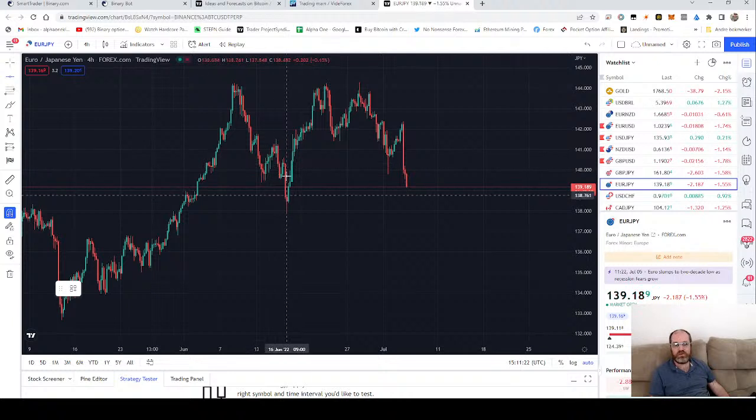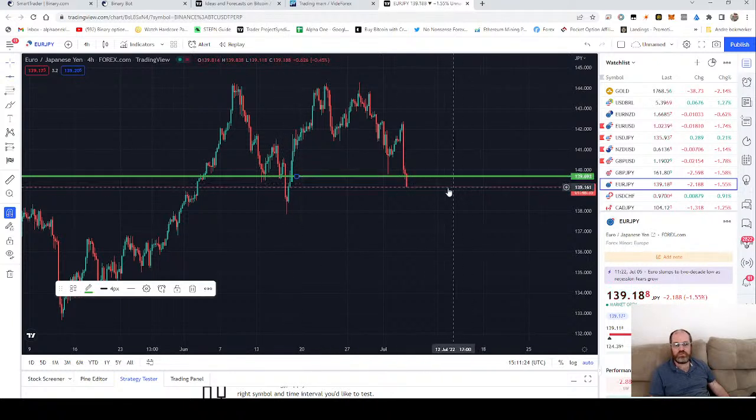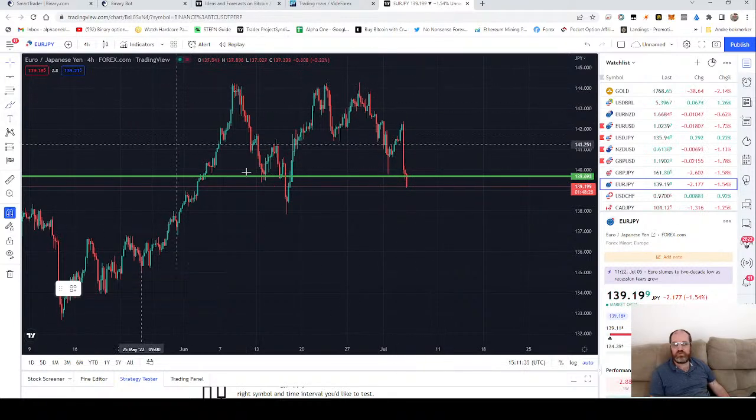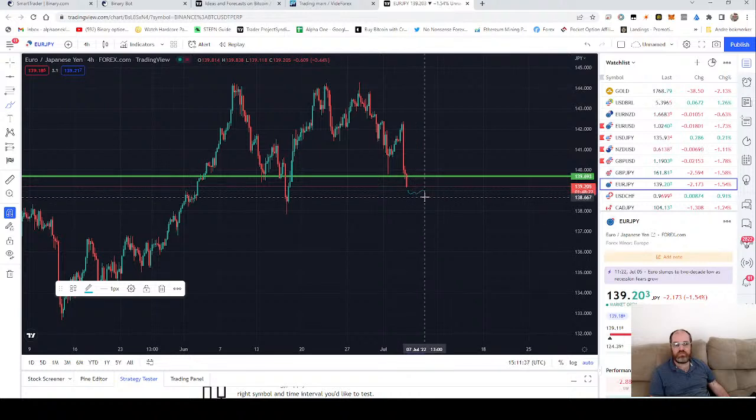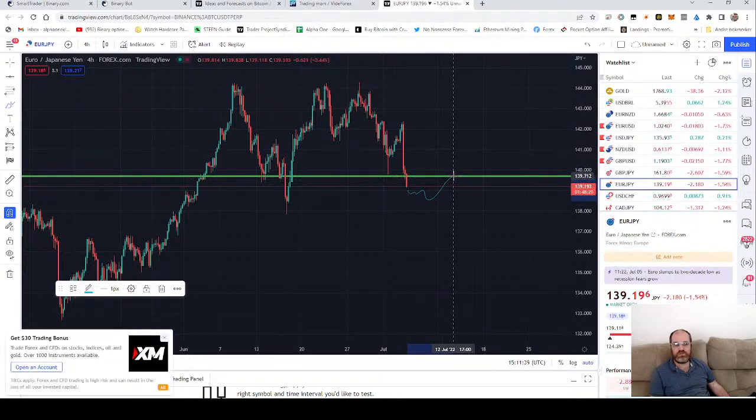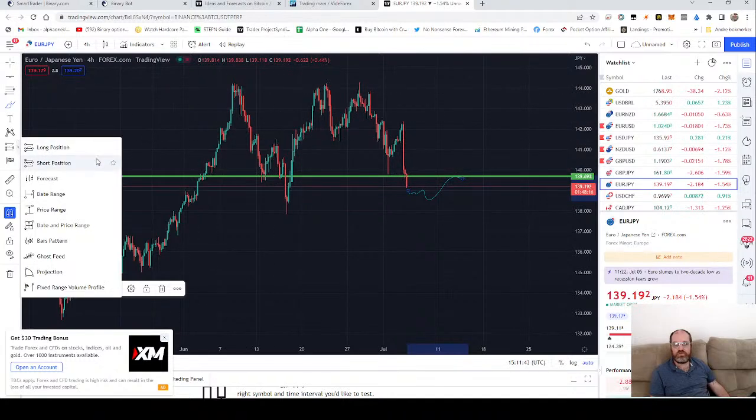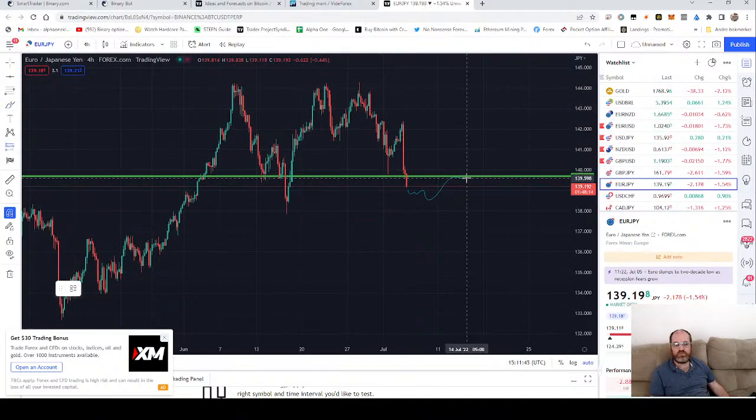I don't like to do that, but we can still mark it up. If we can get a retest up here, then look for the downside, because you can see we have broken to the downside. If we come up here and retest, and we see it holds, we can be looking for a short trade here.